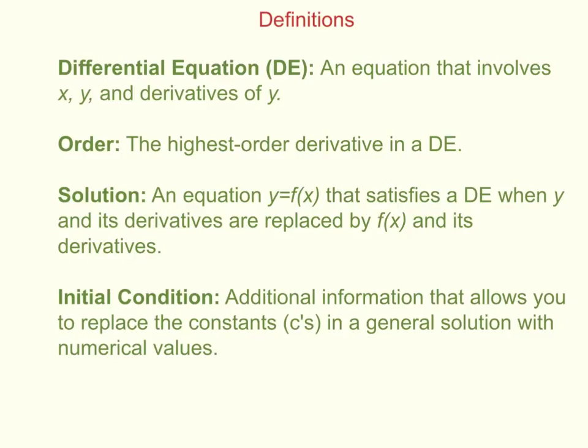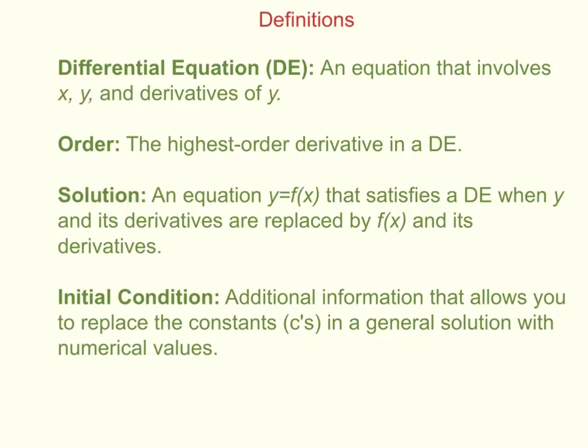And the last one we have is what's called an initial condition. An initial condition is additional information. You're going to be given a differential equation, and at times, at least in this section, you're going to be given a possible solution, and you're going to have to verify that it is actually a solution.